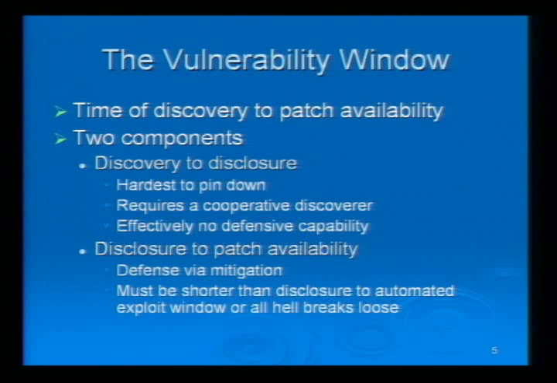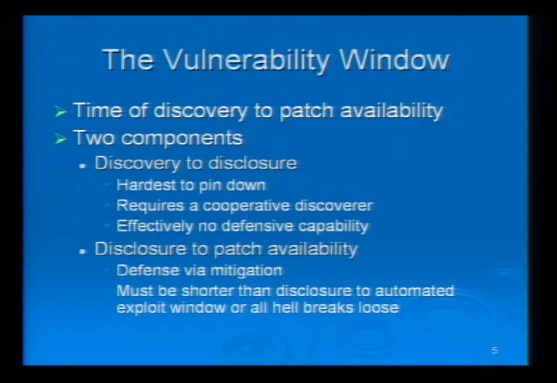Two components, so you can break the window into two, as I view it. You have discovery time to disclosure time, okay, which, if nothing ever gets disclosed, that could be forever. So your vulnerability in that window is a lot more difficult to pin down. Obviously, if you can spot the fact that you're vulnerable, then the thing has become somewhat public. It requires cooperation of the discoverer in order to make this thing known.